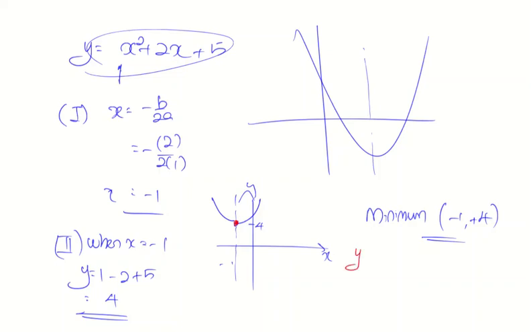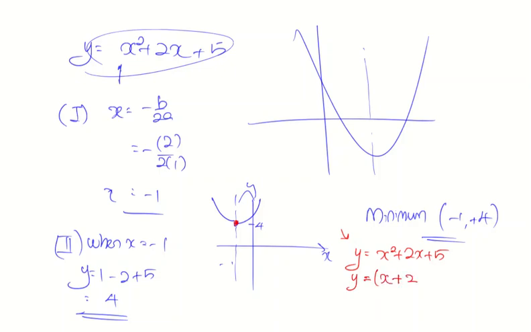This is a quadratic function, y equals x squared plus 2x plus 5, not a quadratic equation, where y equals 0. This is a function. So let's do the completing the square.